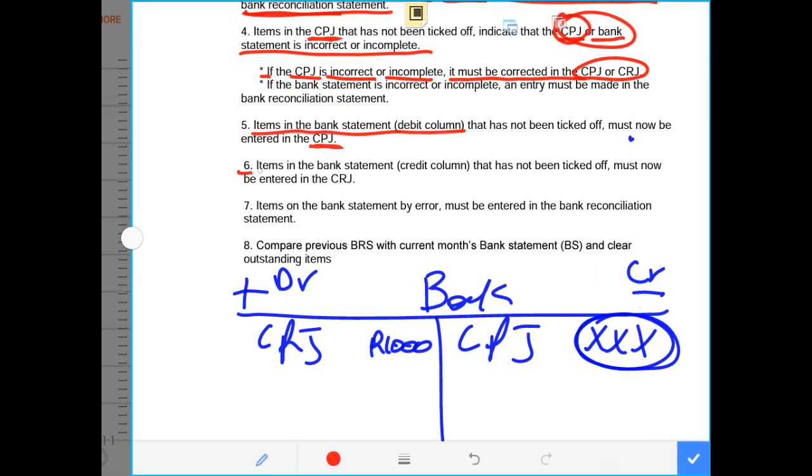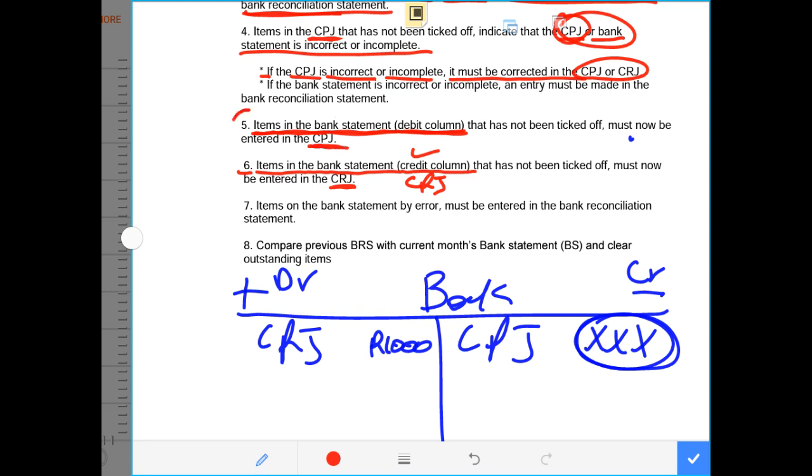Number 6 says items in the bank statement credit column, which is the cash receipt journal, the receipt side, that have not been ticked off must now be entered in the cash receipt journal. And I want to go back to number 5. Number 5 said items in the bank statement debit column that have not been ticked off must be entered in the cash payment journal.